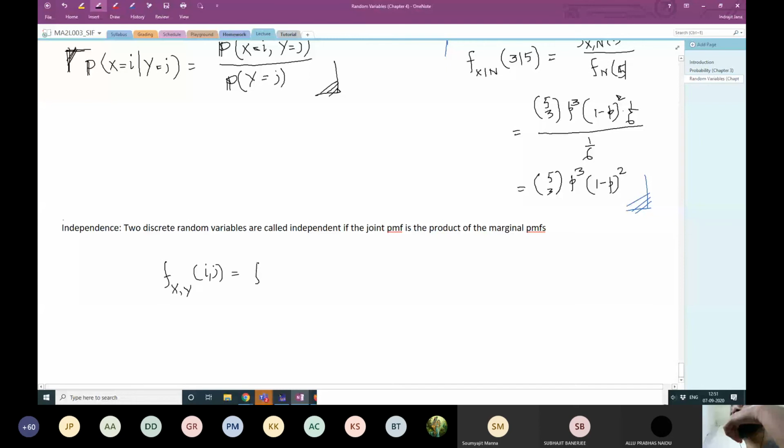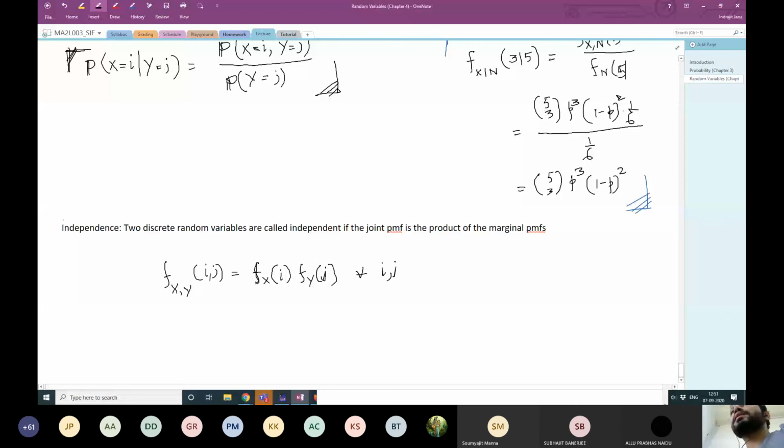So essentially what I'm saying here is that two random variables are independent if you calculate the marginals and take the product of the marginals, f_X(i) times f_Y(j), and this is the same as the joint probability mass function.